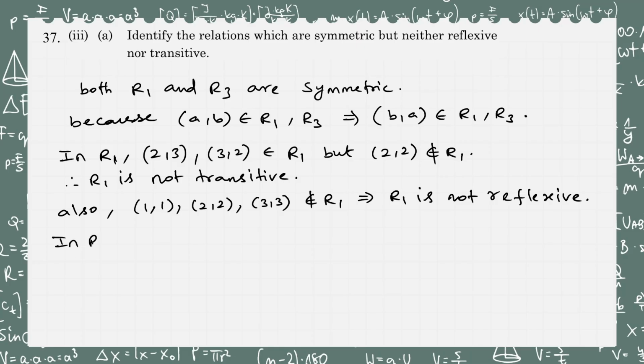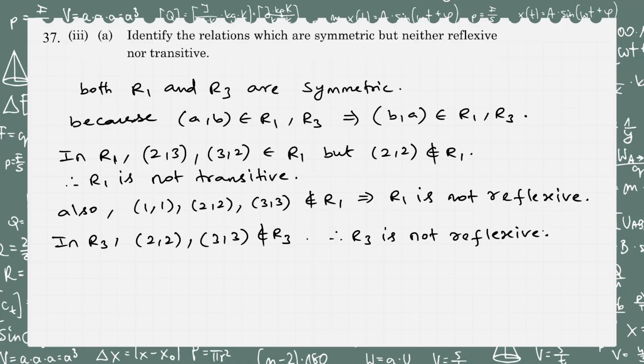In R3, 1, 1 is there, but 2, 2 and 3, 3 are not available in R3. Therefore, R3 is not reflexive. That is very clear. And why R3 is not transitive, we have to give the reason.